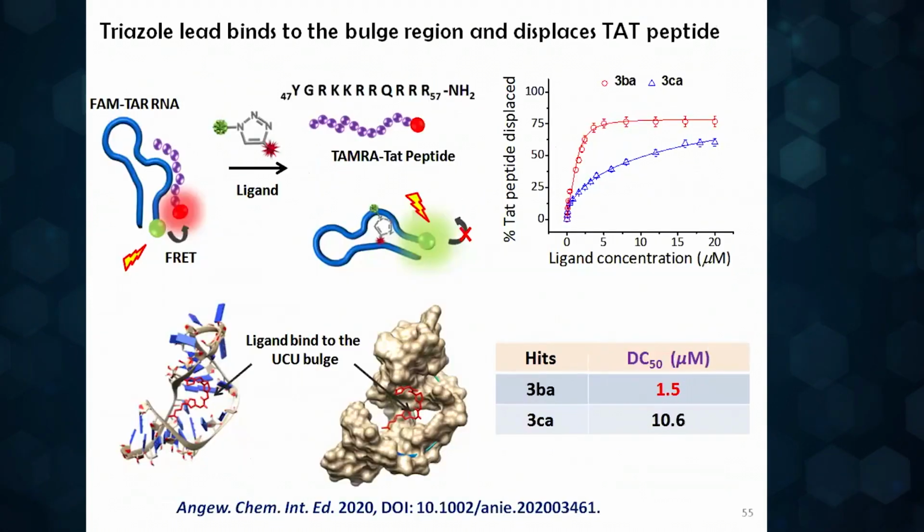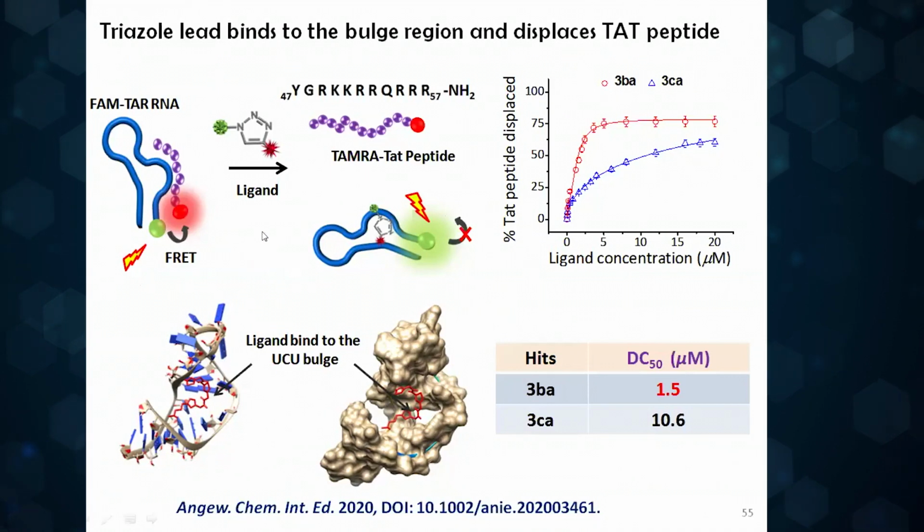We further assessed the ability of these ligands to displace TAR peptide from TAR RNA by using a FRET-based assay. In this method, we used FAM-labeled TAR RNA, that is, donor-labeled TAR RNA, and an acceptor-labeled TAR peptide. The fluorescence of the donor fluorophore was monitored by fluorescence spectroscopy, and the study reveals that the ligands could displace the TAR peptide from the TAR RNA.